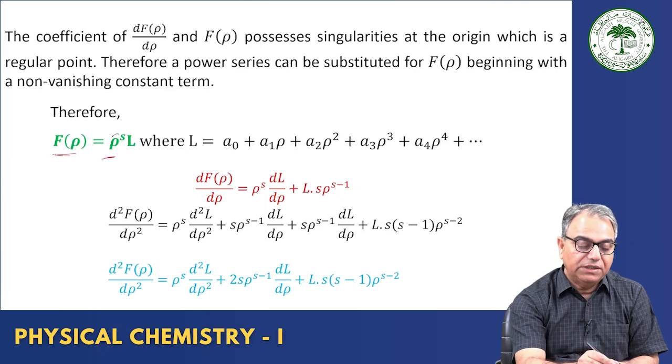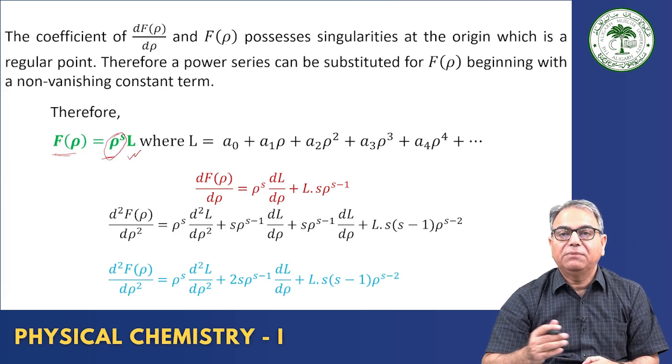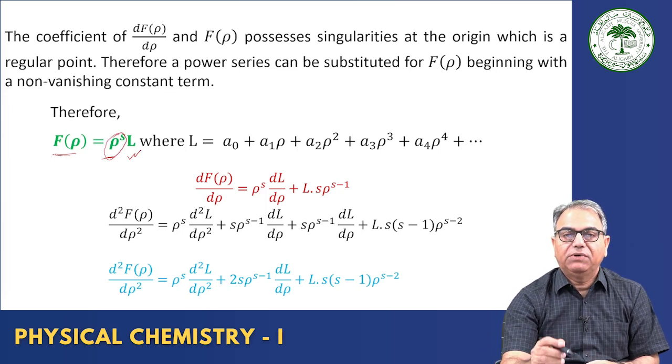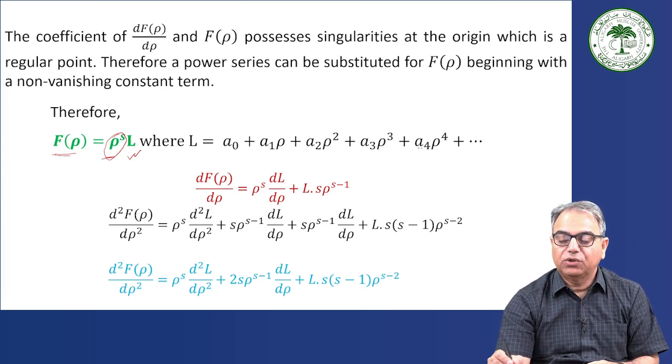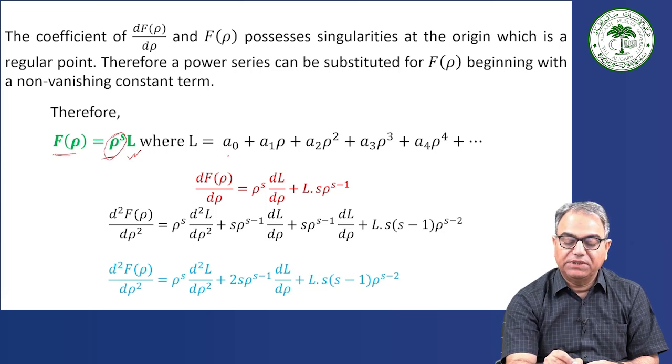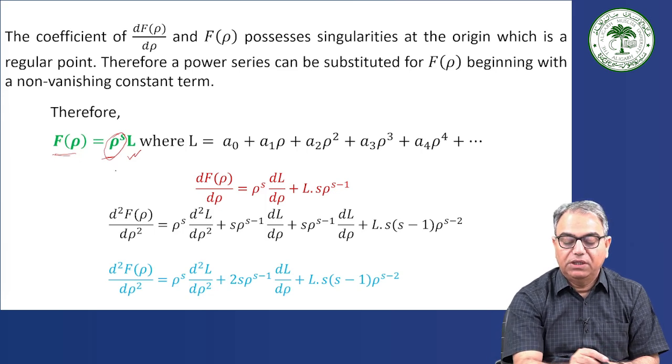So, this is a non-vanishing constant term rho raised to the power s, and this is a power series L. So, if you write L in terms of rho, a power series, then you can write L is equal to A0, A1 rho, A2 rho square, A3 rho cube, A4 rho to the fourth, and so on. Now, if you differentiate this one, d f rho divided by d rho, then what do you get?